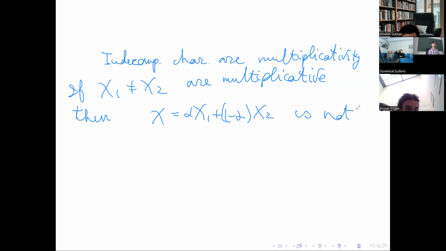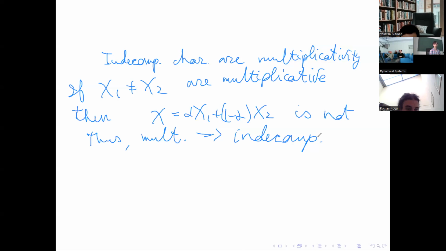By the Cauchy-Schwarz inequality for some space, we can show that this is not possible. And so multiplicativity of a character automatically implies that it is indecomposable. Multiplicativity implies indecomposability.